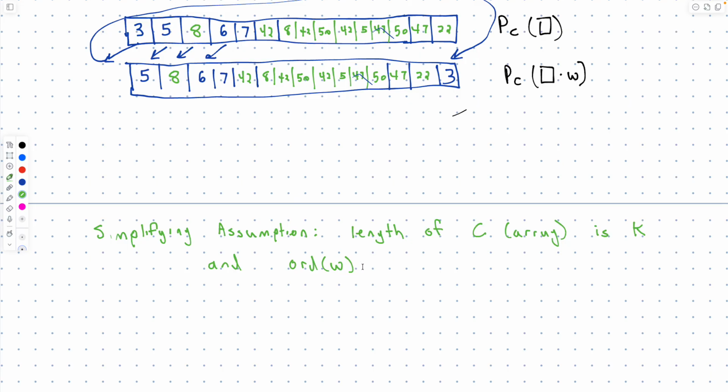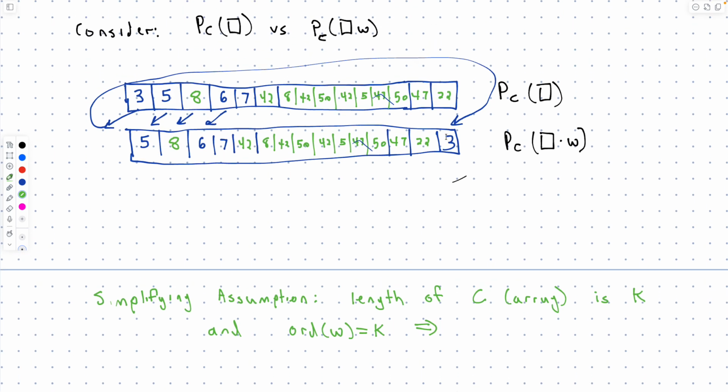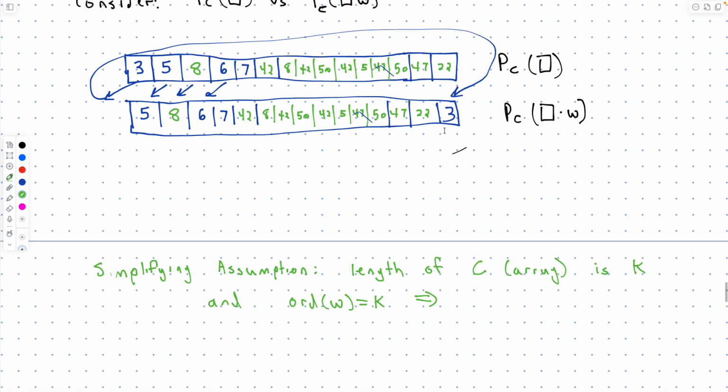All it does is it tells you that when you multiply by omega, the first element will wrap around to the last element. Okay, so this will give you the wraparound property.